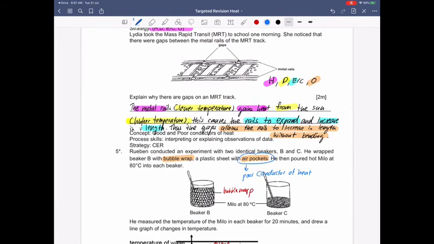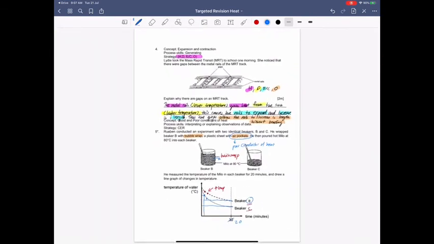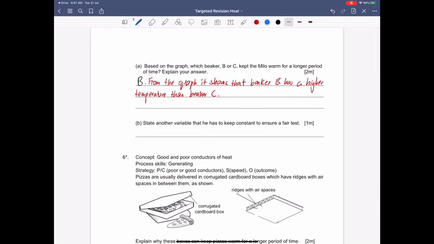So because of that, it would not allow heat to pass through this pocket of air easily and be lost to the surrounding. So you can actually use my strategy of HDO to answer this question. However, you need to add in the element of why heat cannot be transferred quickly.